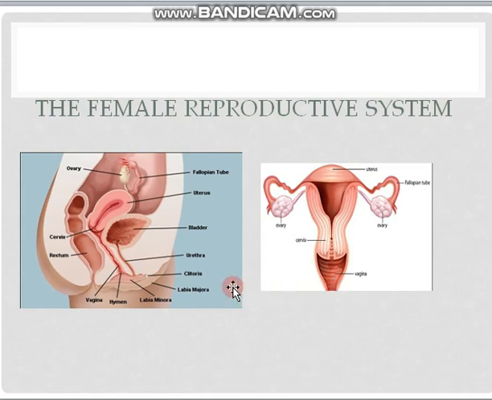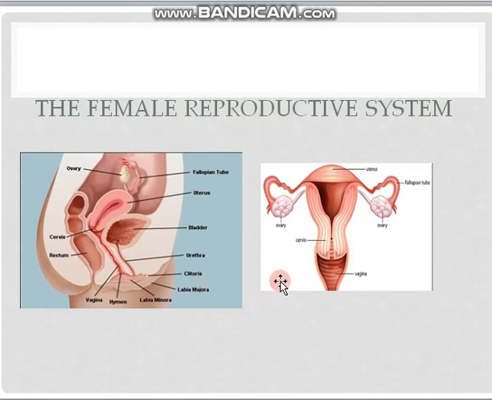So we come to the clitoris. Now the clitoris is a small sensitive organ that lies in front of the vulva. It helps arouse the sexual feeling of the woman.